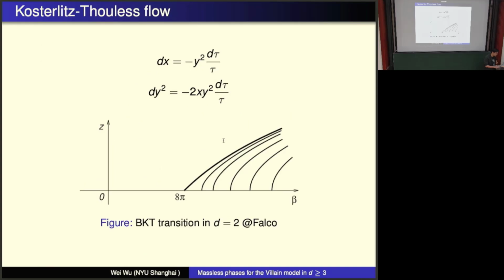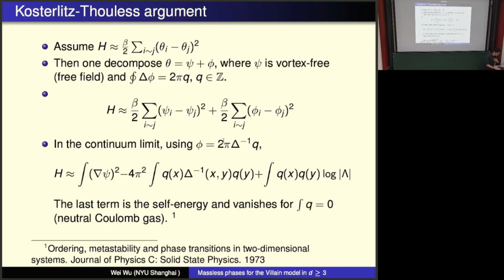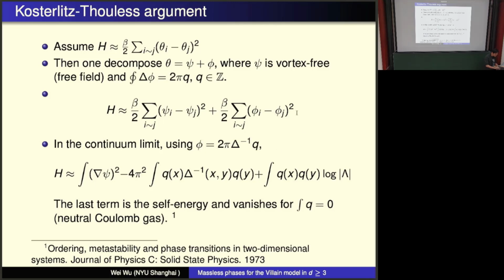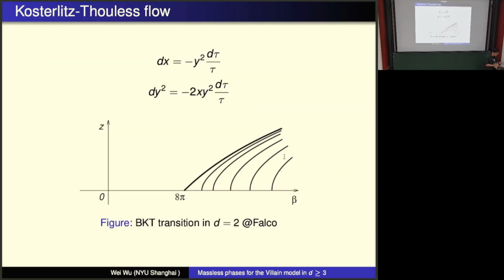This kind of observation allowed Kosterlitz and Thouless to write down the famous KT flow to study the scaling behavior of the neutral Coulomb gas. They wrote down this very famous ODE called the Kosterlitz-Thouless flow, which gives you the scaling limit in 2 dimensions.